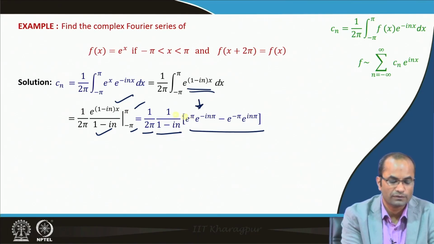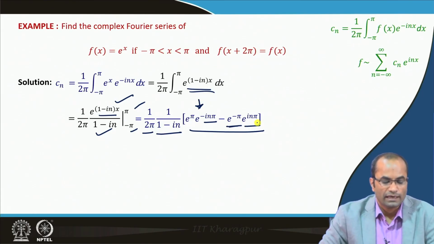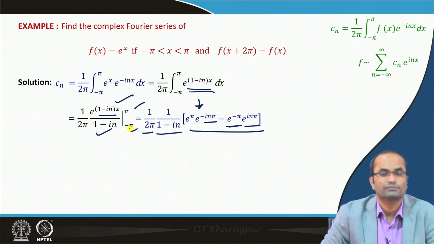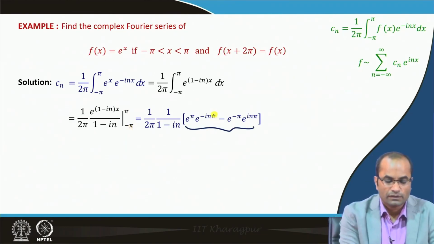So, we have e^pi and e^(-inpi), and then for the minus pi here we have e^(-pi) and e^(inpi) with the plus sign now, because x is substituted with minus pi. So, having this e^(inpi) at these two places.